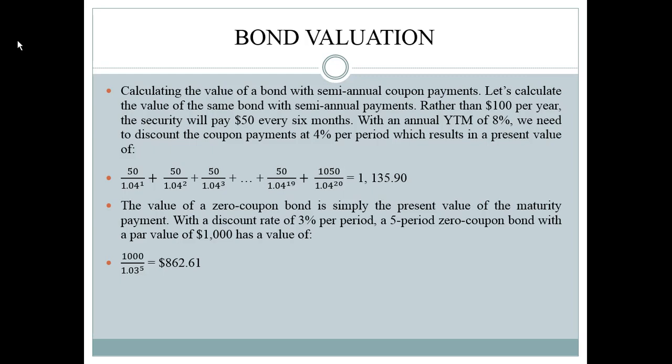So this is a zero coupon bond, which means there are no coupons being paid, which means you only get the 1,000 at the end of the period, which is 5 years. So the only cash flow that you can discount now becomes the 1,000 par value that you will receive at the end of 5 years. So you will discount that at 3% to get 862.61.